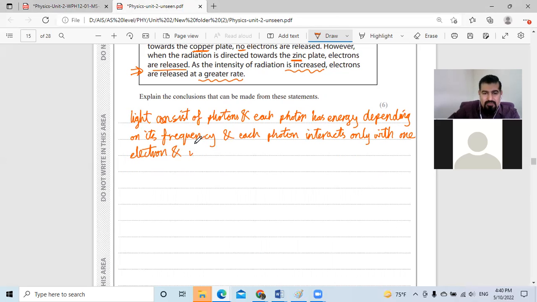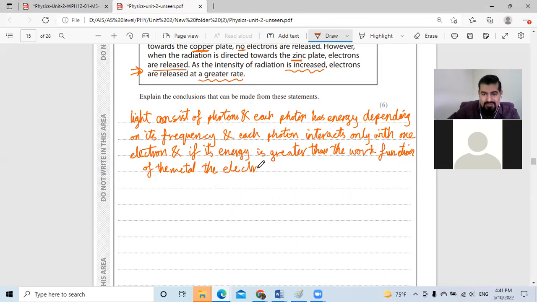And if its energy is greater than the work function of the metal, the electron is released.